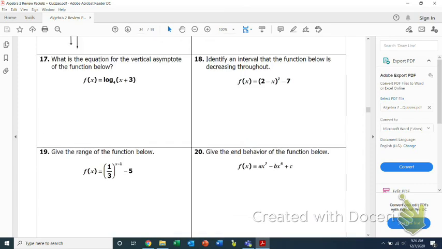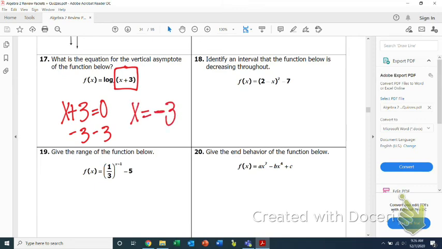Here's why. We've got a log base and it wants to know the vertical asymptote. Guess what you do with this little component right here? x plus 3 equals 0, minus 3 minus 3, x equals negative 3. Okay?